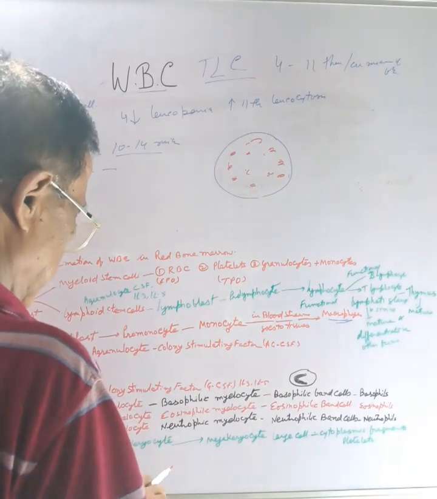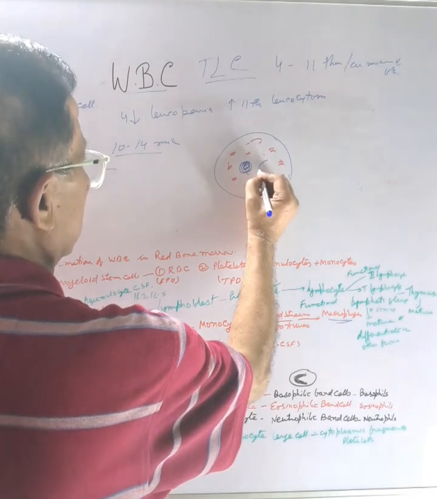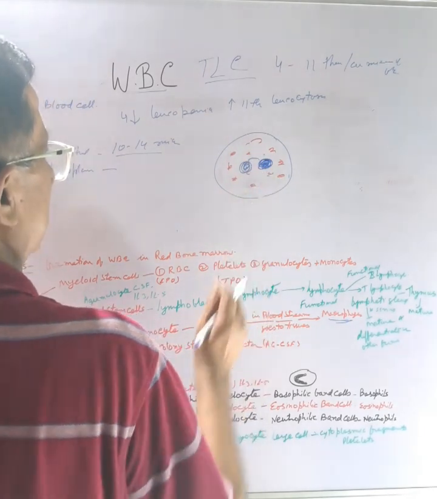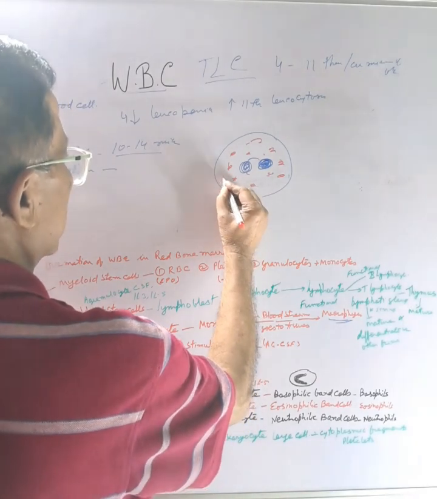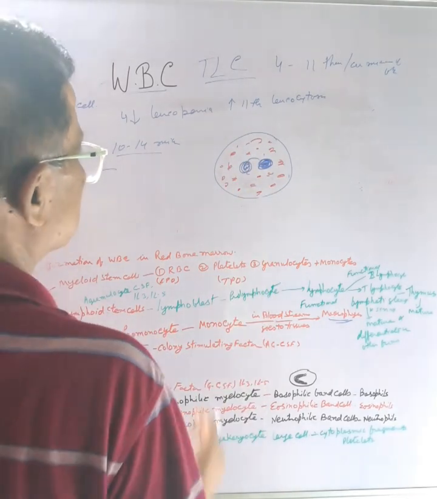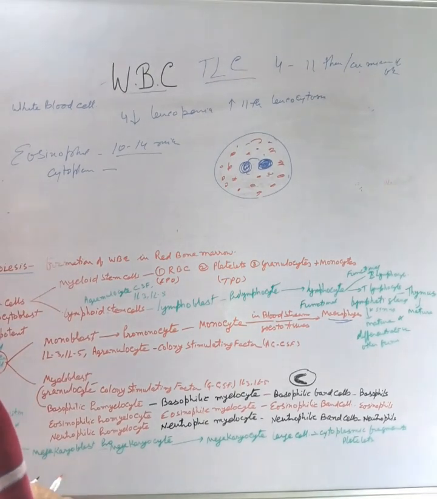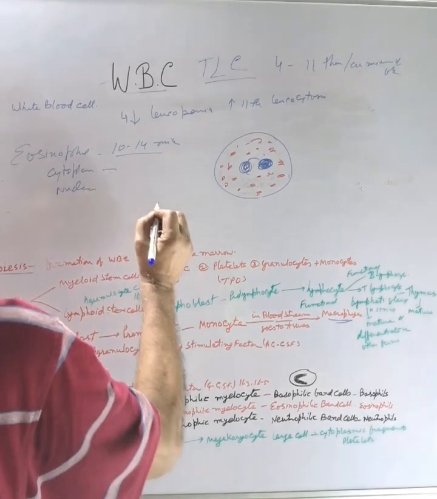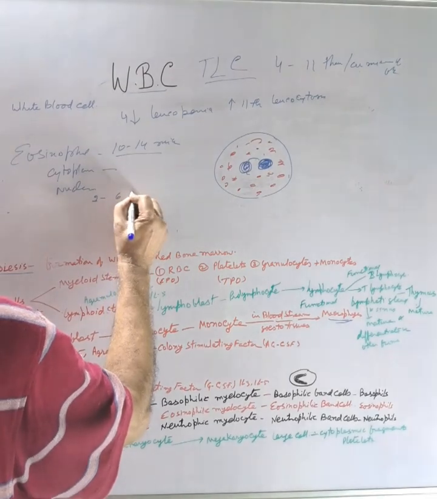And the nucleus is bilobed, like spectacles. Only eosinophilic granules, red granules, are present here. This is eosinophil. Cytoplasm contains granules, nucleus is bilobed, and percentage is 2 to 6%.